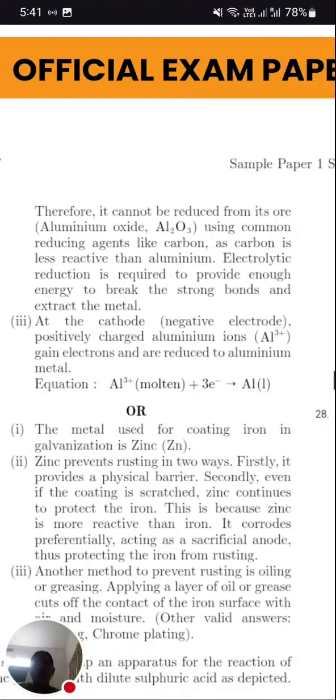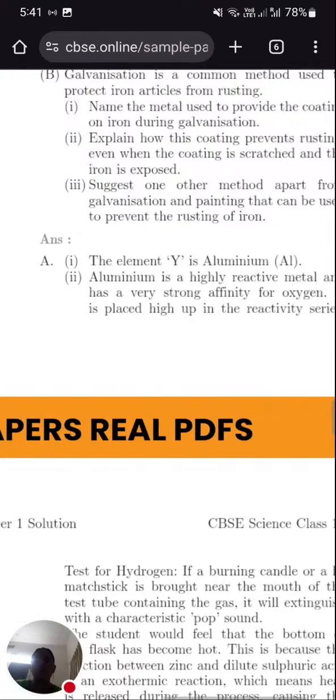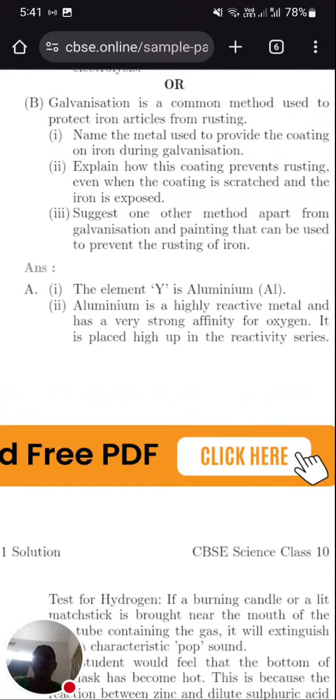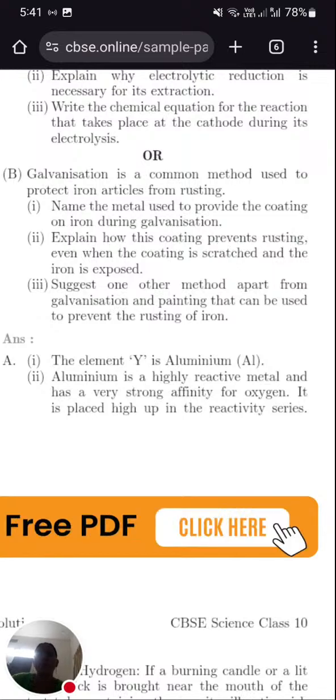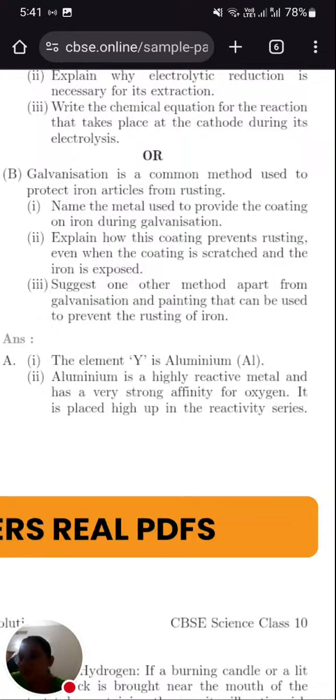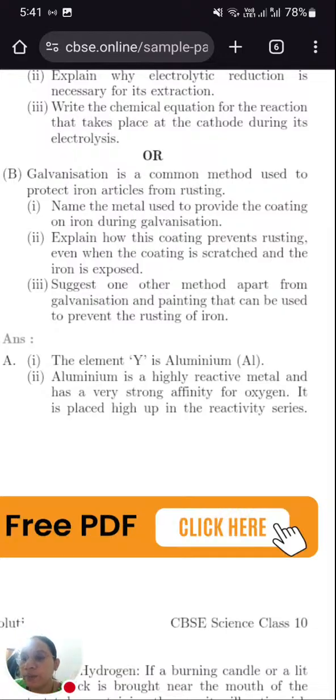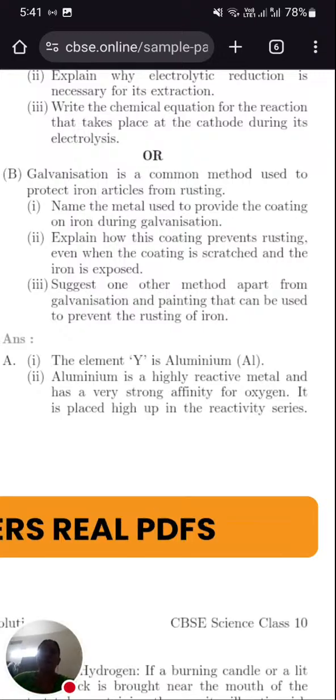The next question, what is galvanization? Okay, let's read the question once. Galvanization is a common method used to protect iron articles from rusting. Explain how this coating prevents rusting.